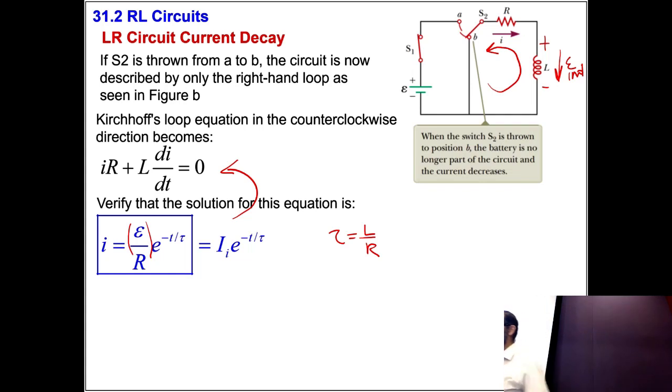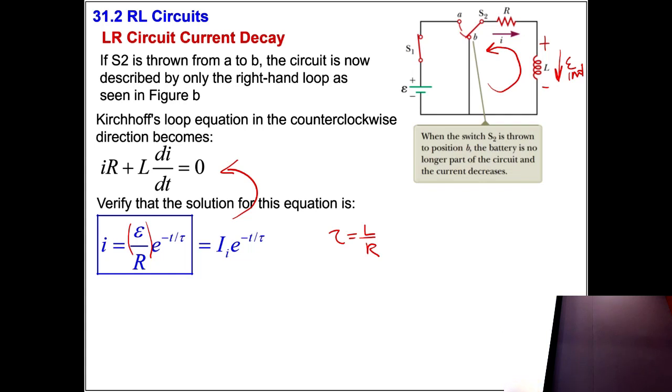Like the capacitor, where we stored energy in the electric field, and when we disconnected from the battery the voltage went from the capacitor through the resistor, so there was an exponential decay of the voltage. Here, the energy is stored in the magnetic field of the inductor, and now it's the current that is decaying exponentially through the resistor.